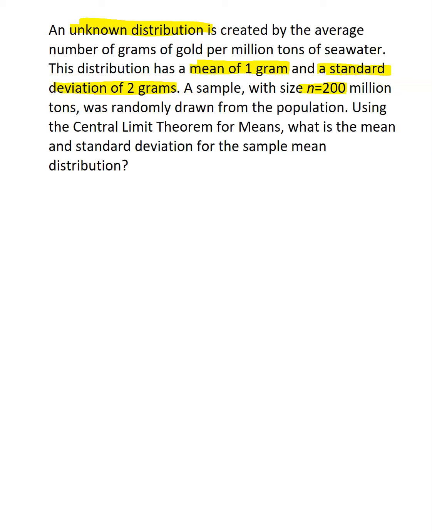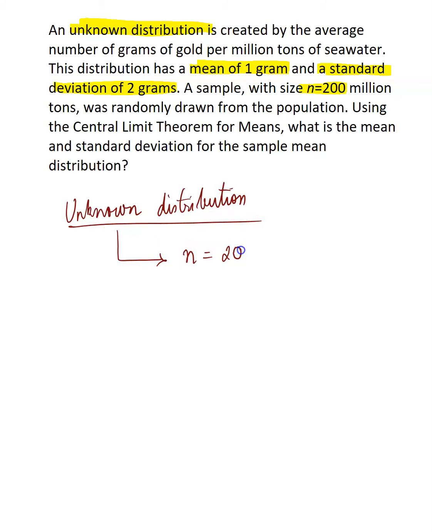So I'll just say unknown distribution. We know that the sample drawn from it was 200. Well, that's 200 million tons, but for the sake of calculations we keep it as 200. And the mean was given to be 1 gram and the standard deviation is given to be 2 grams.